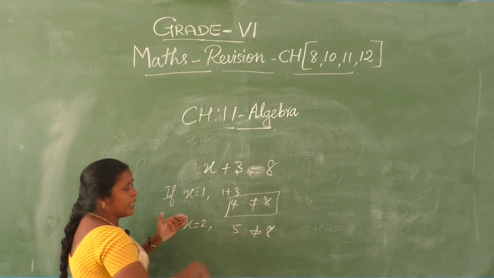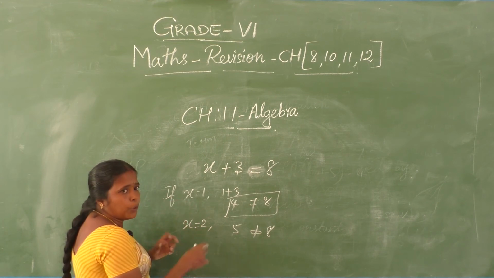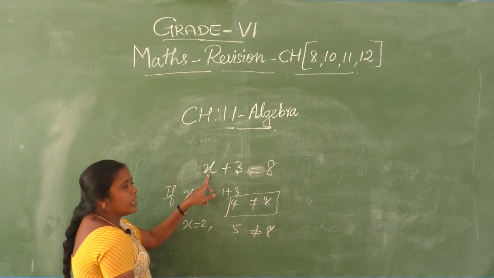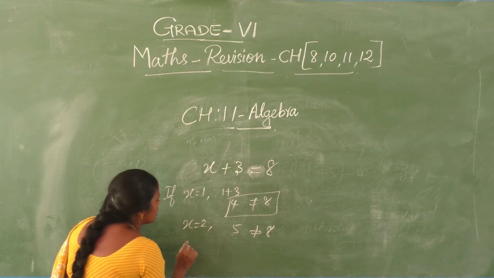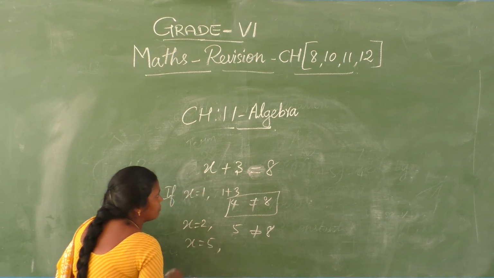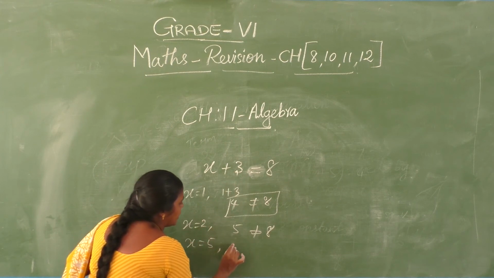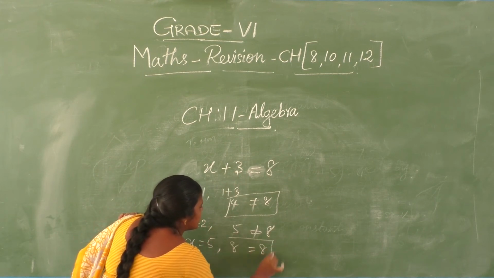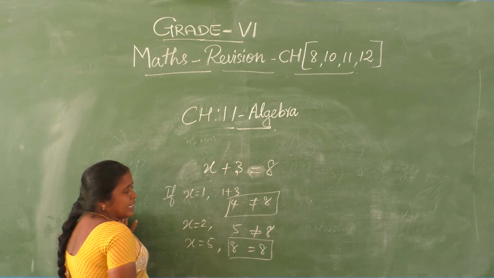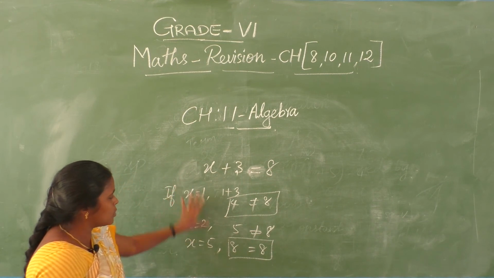So if you try like this one by one, you will prove both sides equal by giving the x value as 5. x equal to 5, what comes? 5 plus 3, 8 is equal to 8 present on the right side. What do you observe from this?